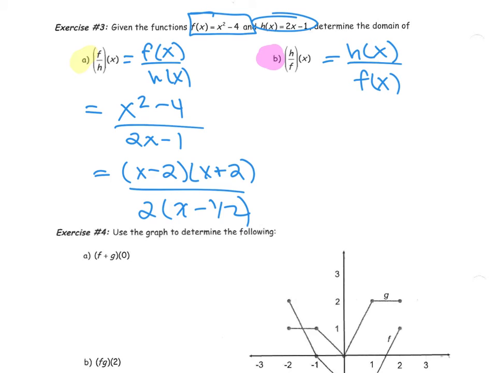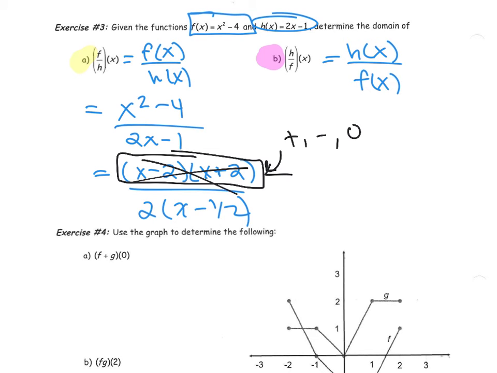The numerator is unaffected. It can be positive, negative, 0. This has no impact on the domain. We don't need to worry about this.